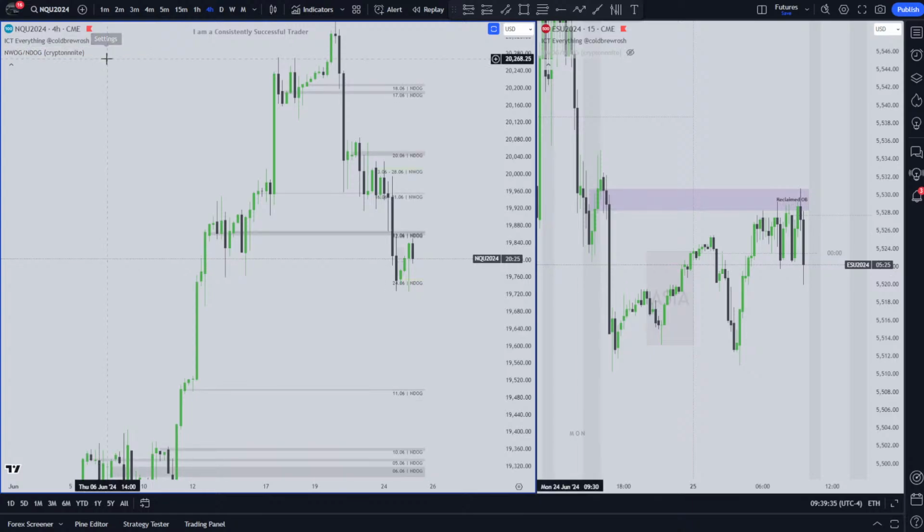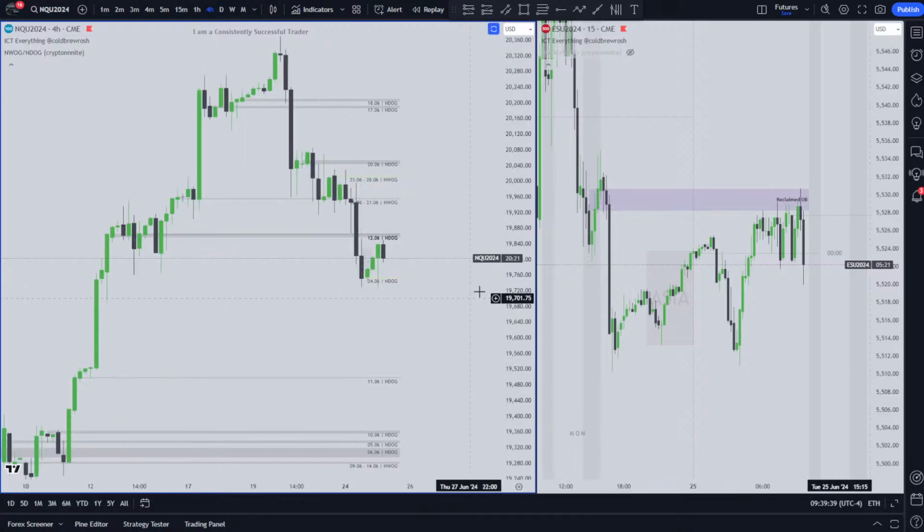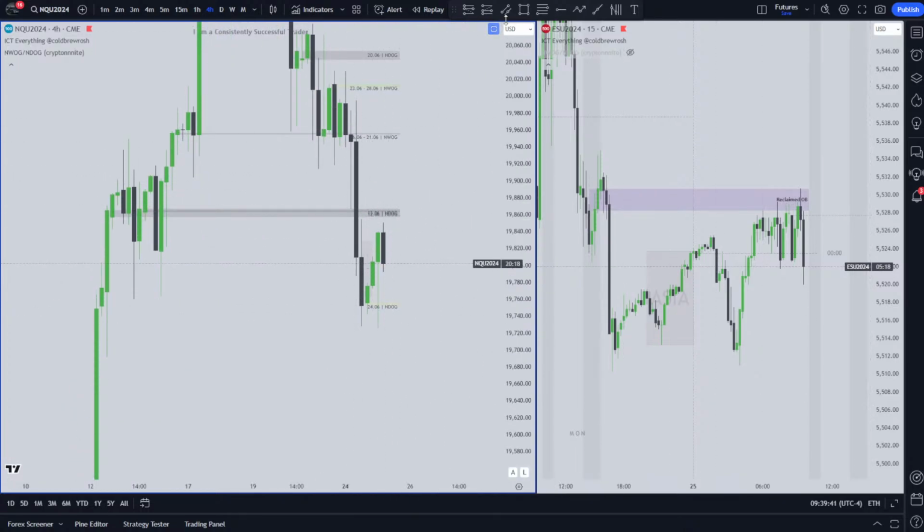Yeah, the ends of the day line up nicely. Because when I was doing my analysis, this area here seemed like a good point of interest for a sell. Like if it was to reverse, this is where I would like to see it come. So I agree with that.